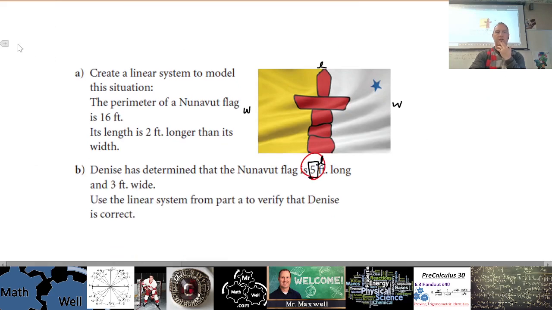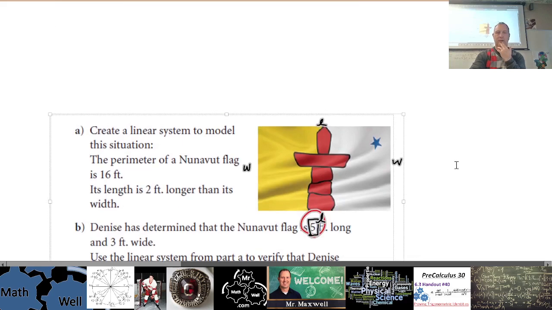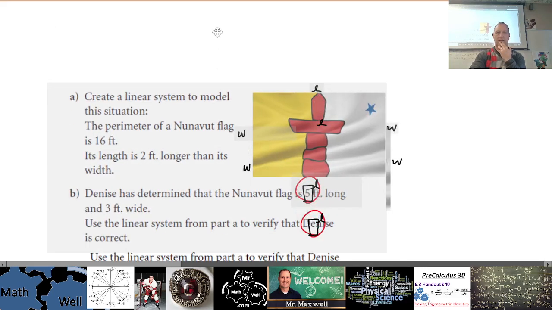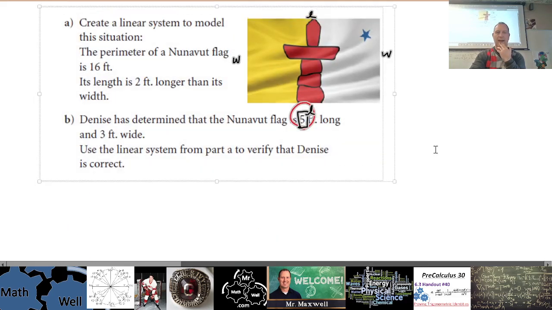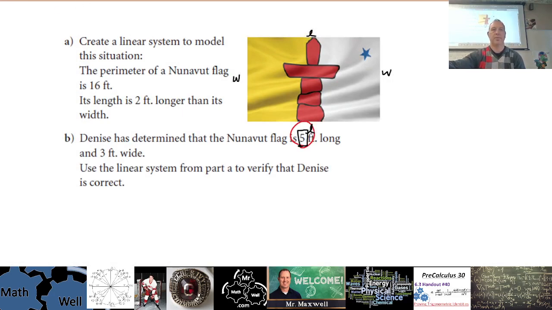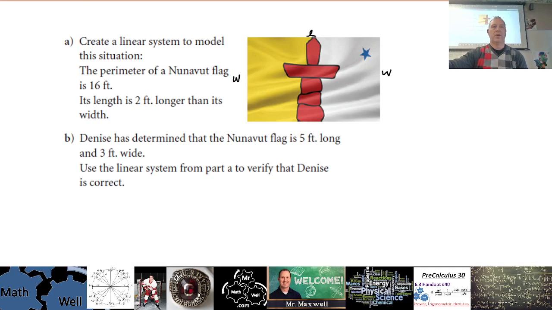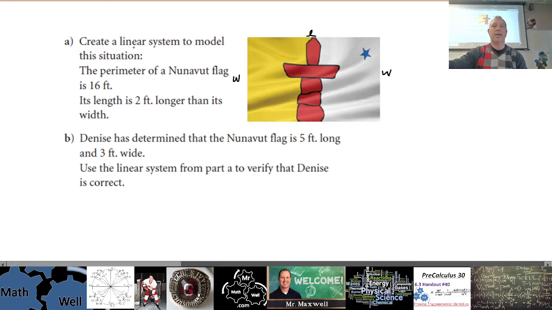Oh yeah, so this is from your textbook, and this is talking about the dimensions of a flag. The Nunavut flag. So let's read here. What does this say? The question says, create a linear system. So that's going to be 2 equations to model this situation.